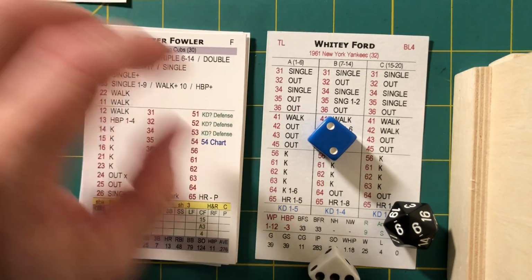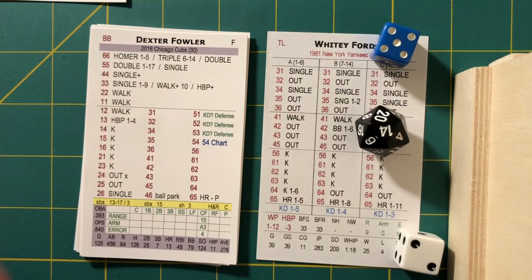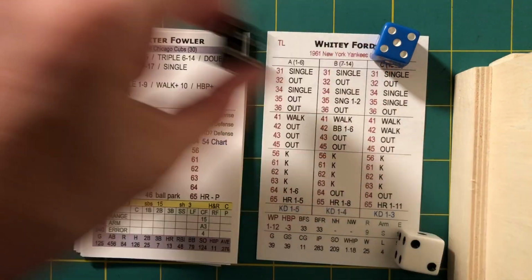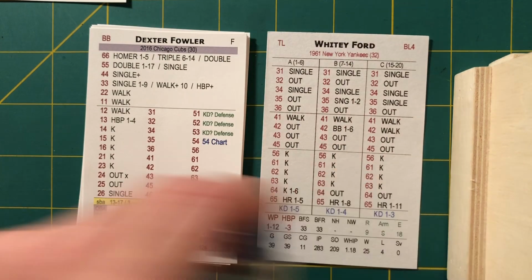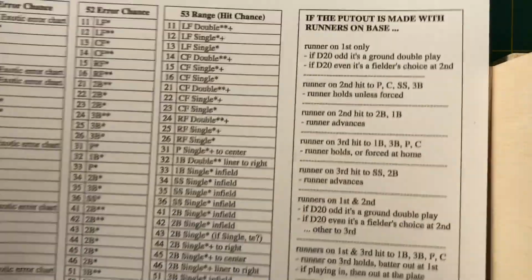Now it's Fowler. Dexter, no official at-bats. He walked in the first. The pitch from Ford. 52 is the 14's not in the strikeout zone for Whitey, so we're going to do an error check on the 52.